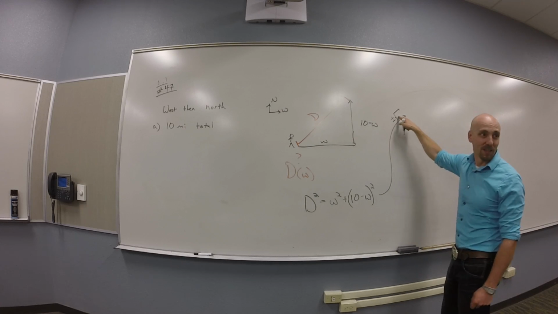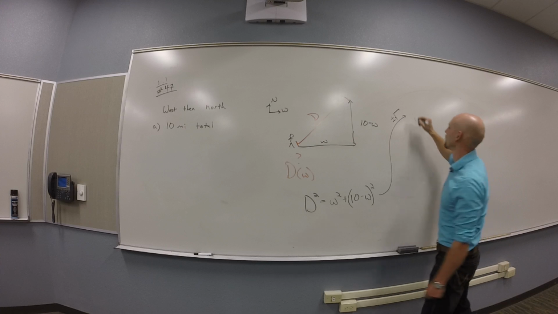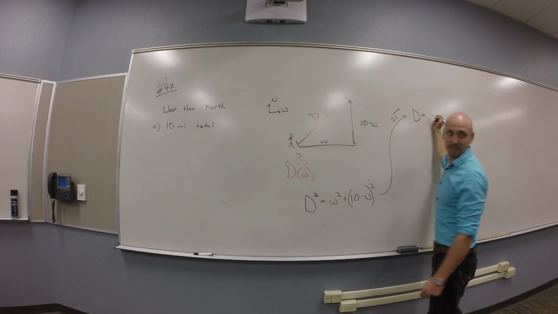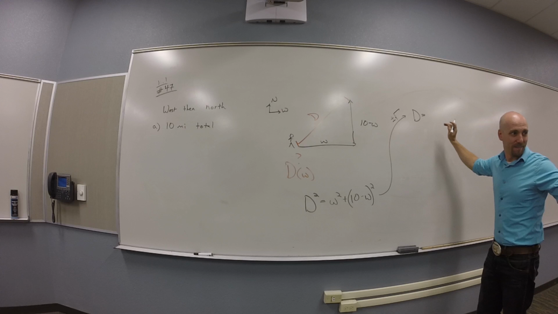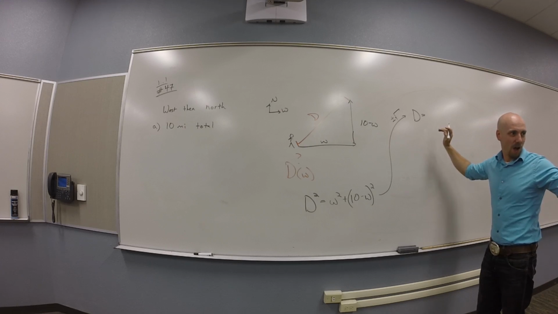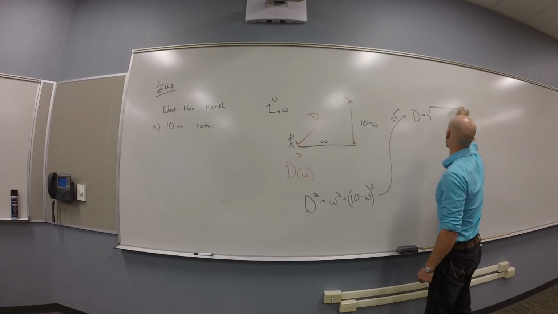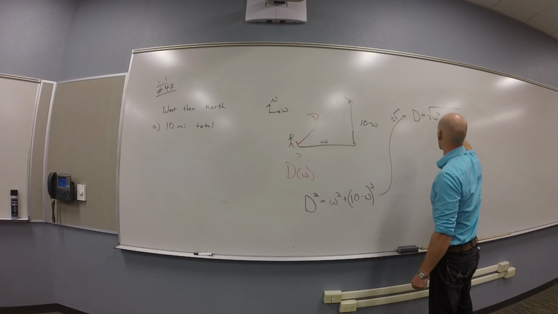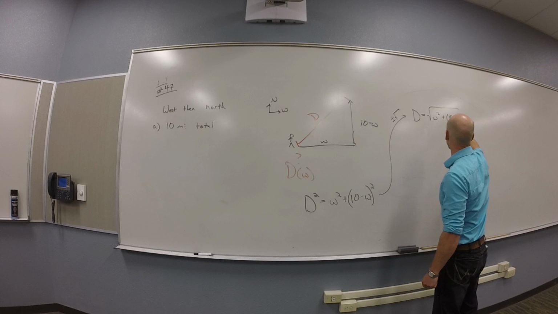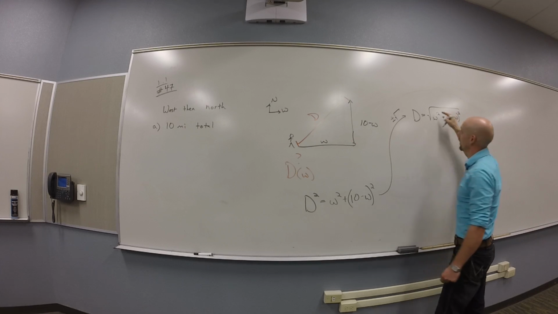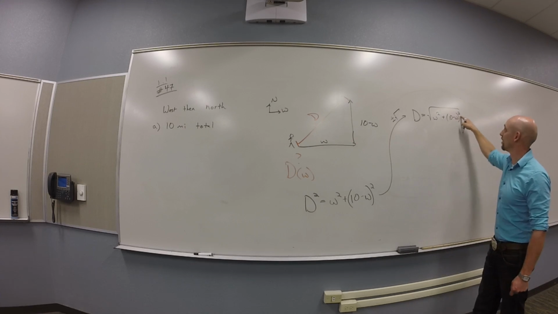So we're gonna take plus or minus the square root of both sides, right? So we get D is the square root of W squared plus (10 minus W) squared. And don't cancel the square and the root across the sum.